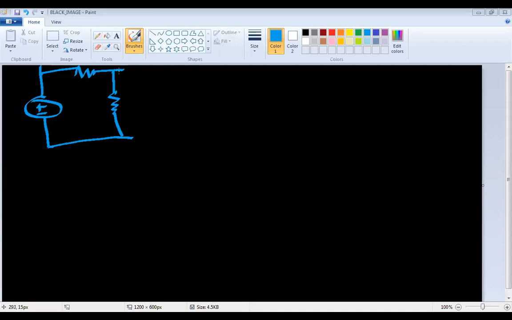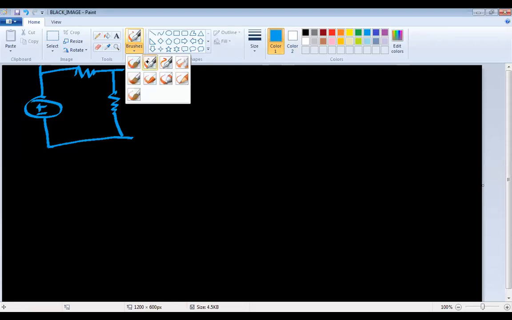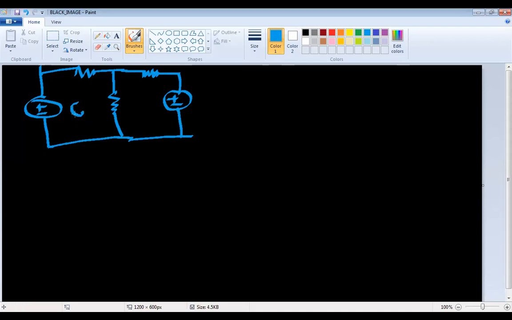This is another resistor, and then a volt source.